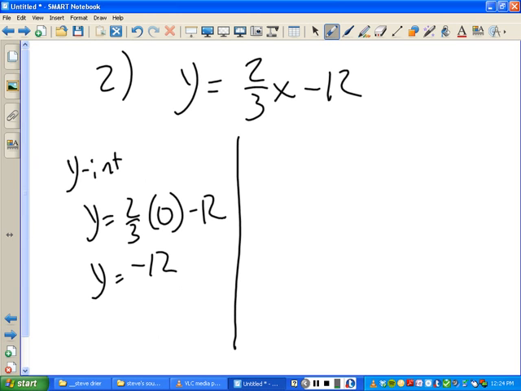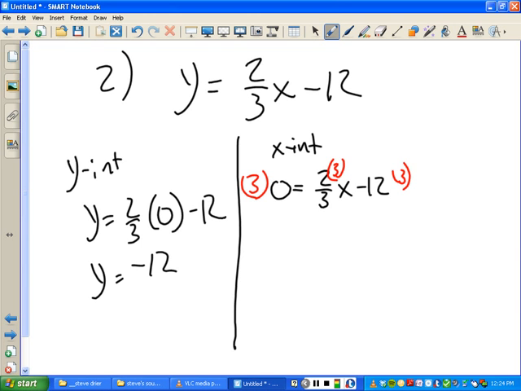X-intercept's a little harder. To find the x-intercept, you're going to do 0 equals 2/3 x minus 12. And now you have to solve that. What I would do, personally, is I would multiply everybody by 3. And that would clear the fraction. Now, you got to be careful doing this because a lot of people will forget to multiply the 12 times the 3. Be careful.